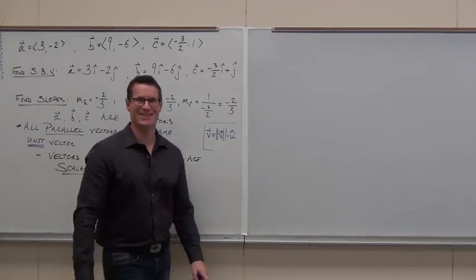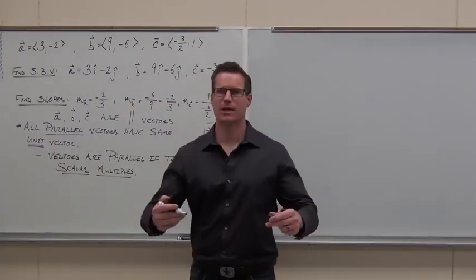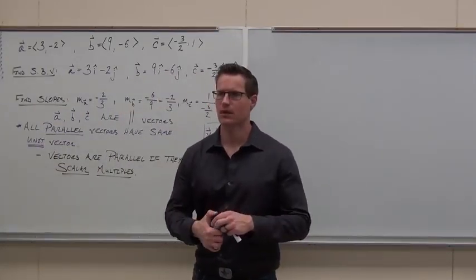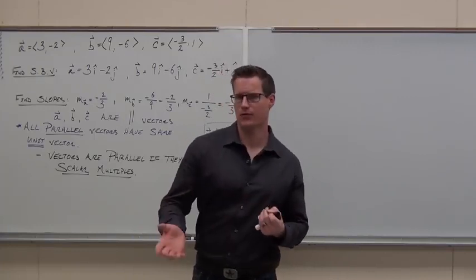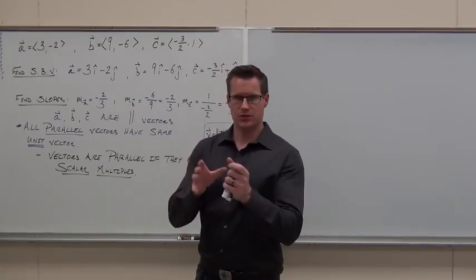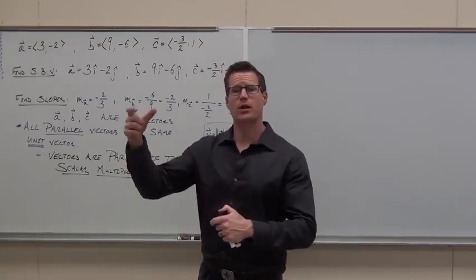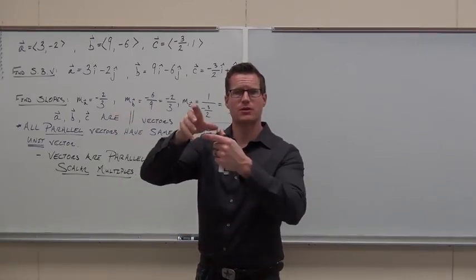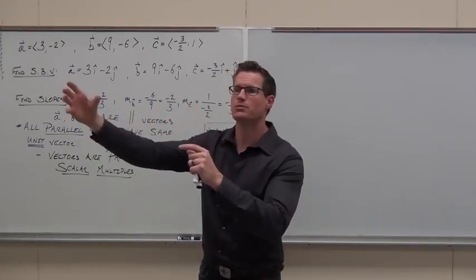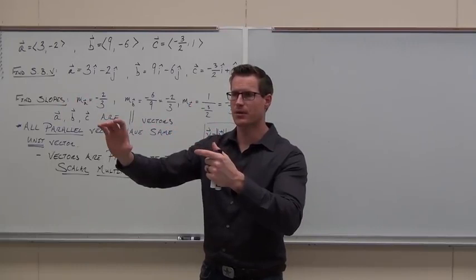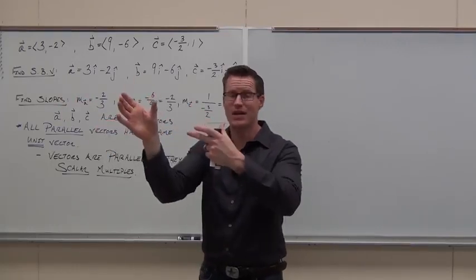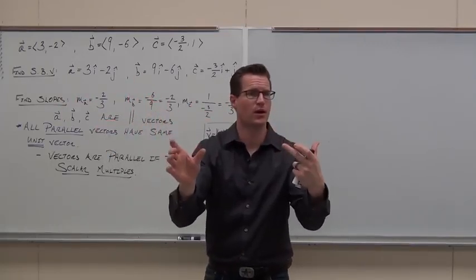And you go, I don't know what that means right now. What's a scalar? Constant. Yeah, it's a constant. It's a non-vector. Okay, so here's what scalar multiple means. If you can take one vector and factor out a number, it becomes a multiple. If I can factor out a number such that I get that number times another vector, they are parallel.